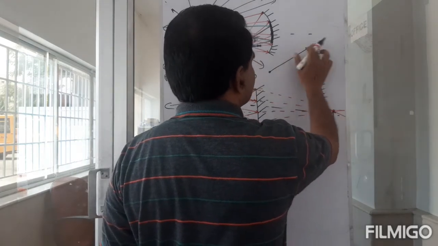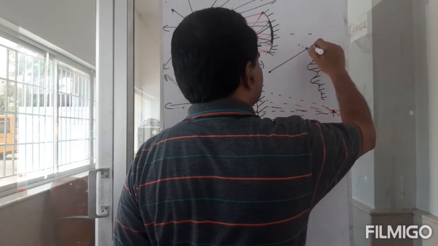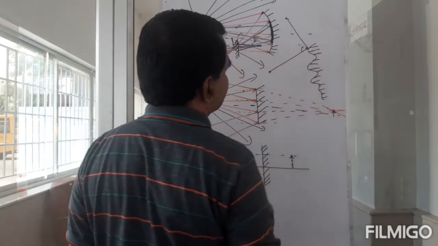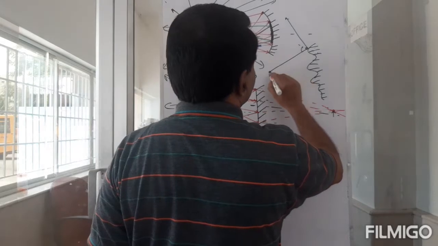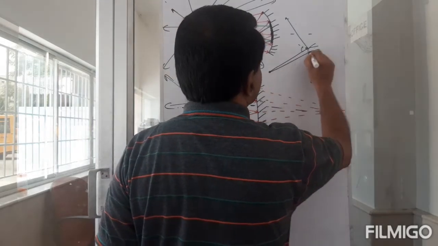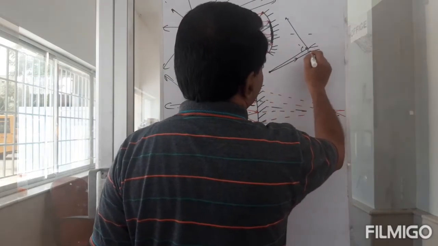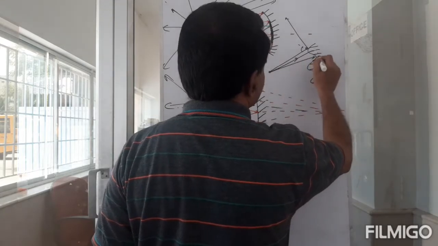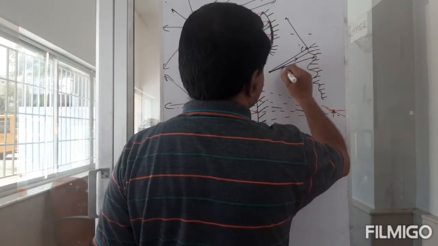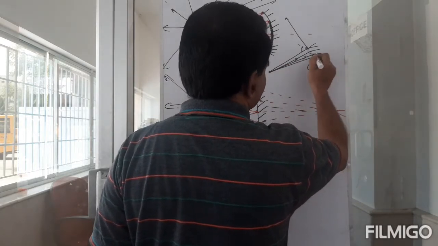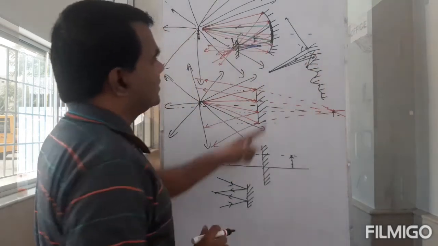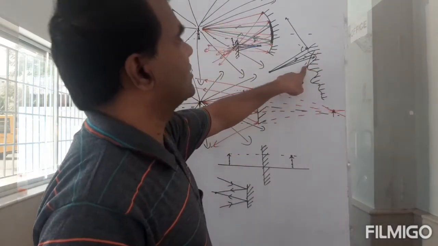Maybe the normal for this is something like that. Now, this is the angle of incidence, and this will go like that. Maybe this will hit here, then the normal will come back, and maybe it will hit here, then it will come back, and maybe something like this. Then see the normal is going like that, and it's going to be reflected like this. And this may get reflected off of this surface too.